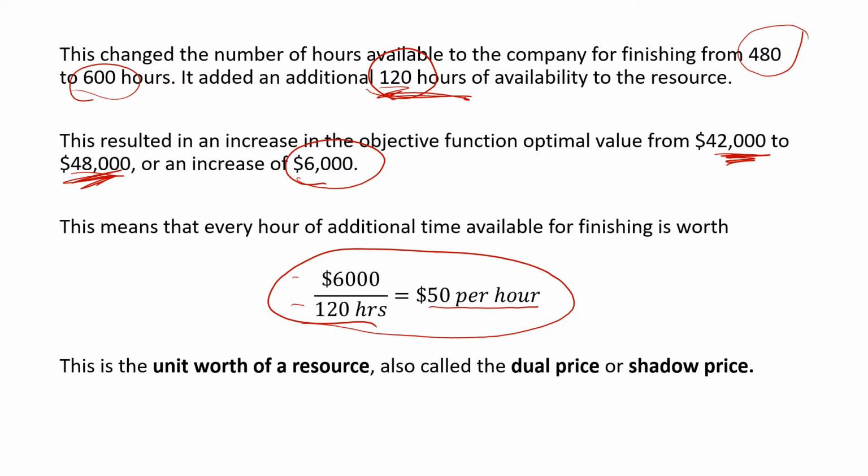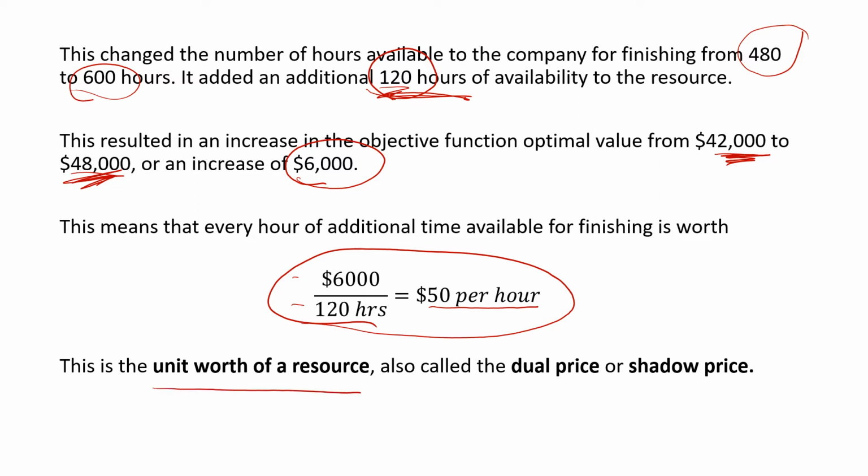However, if it's going to cost me $75 an hour, well, those extra hours are only worth $50 in profit, so it's not worth it. So this tells me how valuable that resource is. That resource, my second resource of finishing time, is worth $50 an hour to me at my optimum.